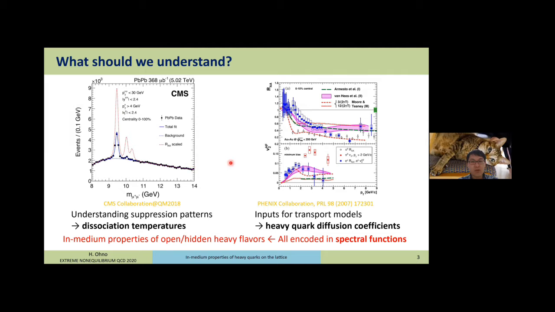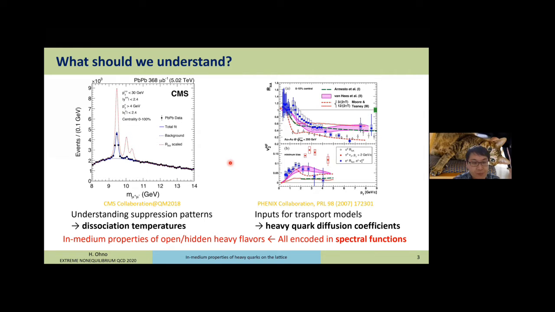It is also very important to know some hydrodynamic or transport properties of the quark-gluon plasma to explain the experimental result. Some people try to understand the experimental result by using transport models, and for these models, heavy quark diffusion coefficients and other transport coefficients are very important inputs.